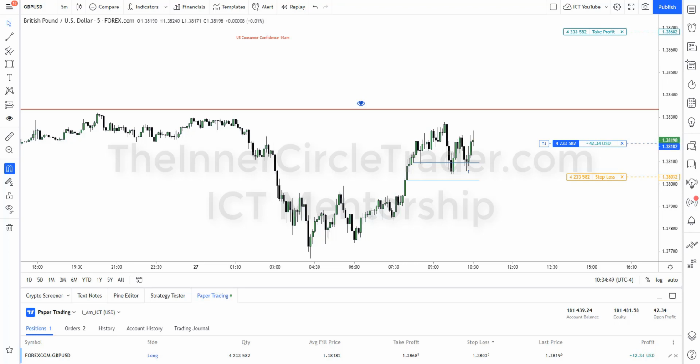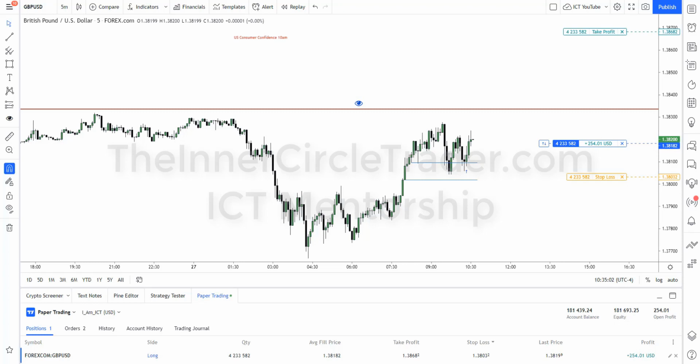Now I'm looking for a run above those relative equal highs, and I'm thinking that at 138.50 I'll take a partial there as well if we can get up there.